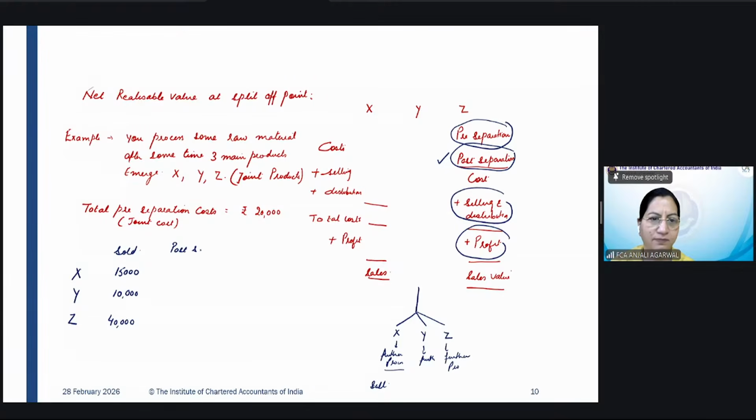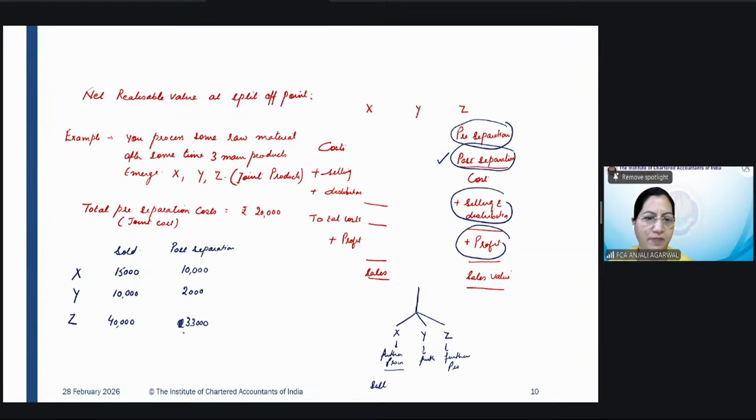Post-separation expenses were, let's say, 10,000, 2,000, and 33,000, right?